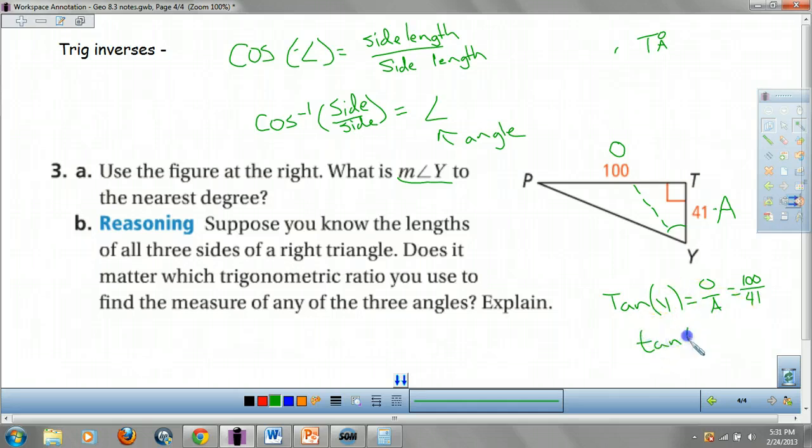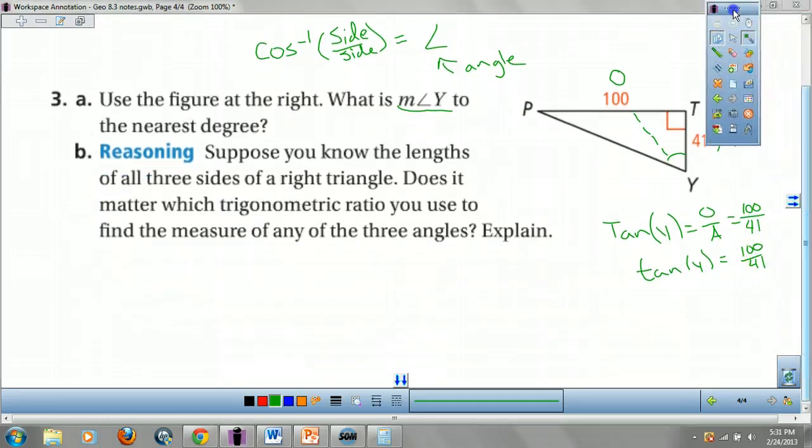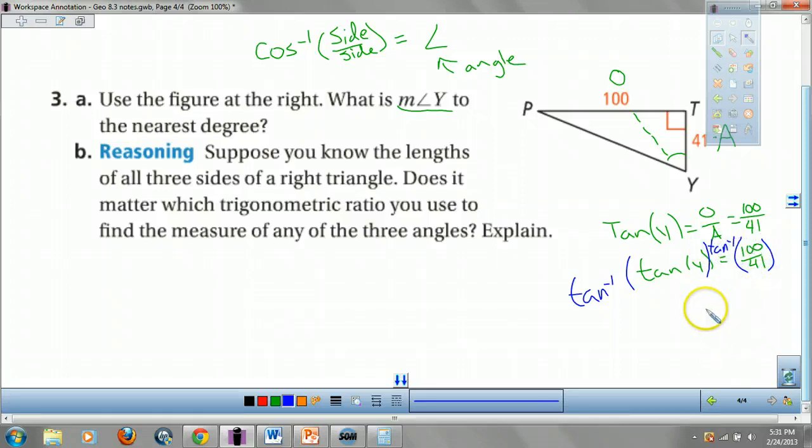So tan of y equals 100 divided by 41. How do I get rid of tan? Remember, that's a function. So to get rid of it, I take the tan inverse of both sides. Okay?